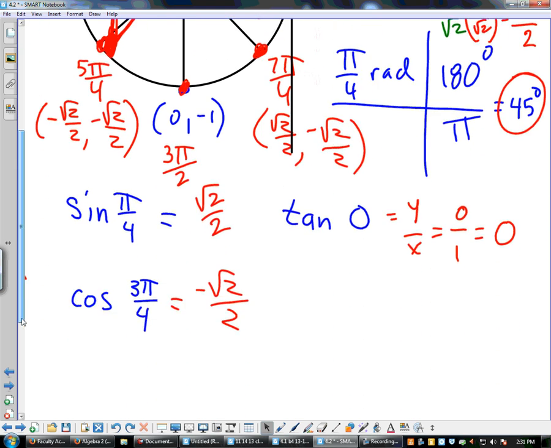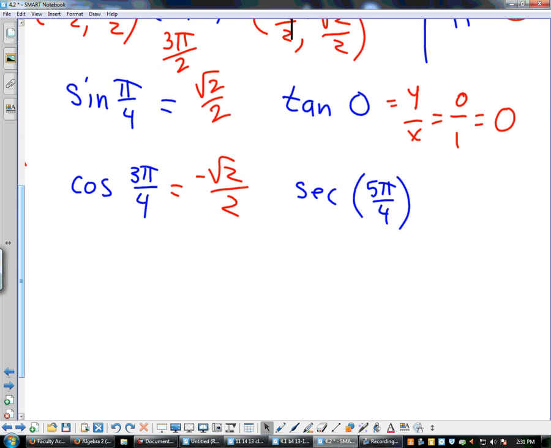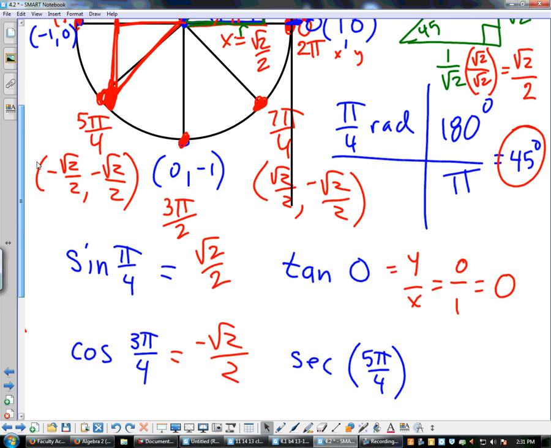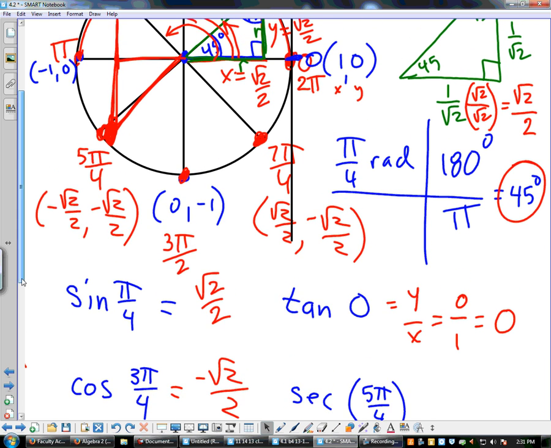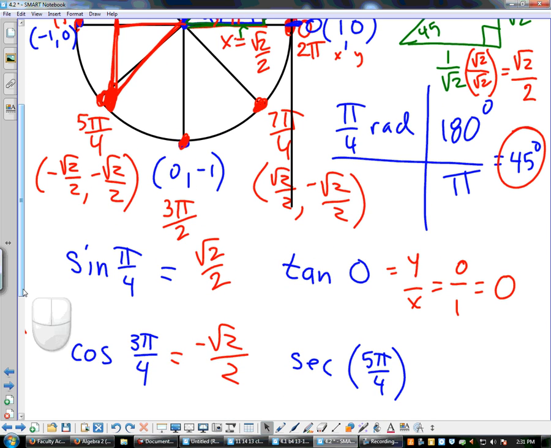What else? How about secant of 5 pi over 4? So I need to go to 5 pi over 4, which is here, and I want 1 over the x, is that right? So I want 1 over this negative square root of 2 over 2. And so I can multiply by the reciprocal, and I get 2 over a negative square root of 2.